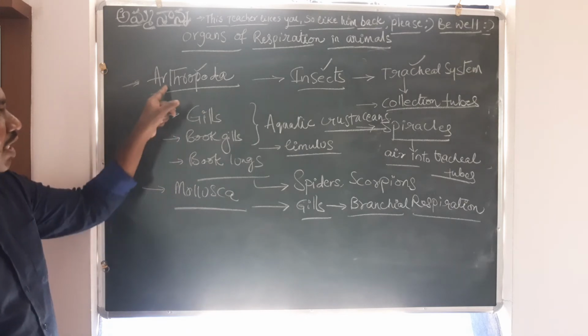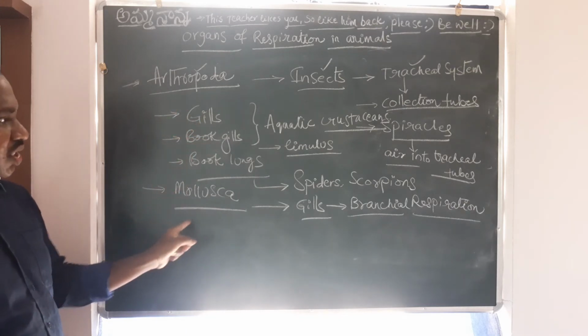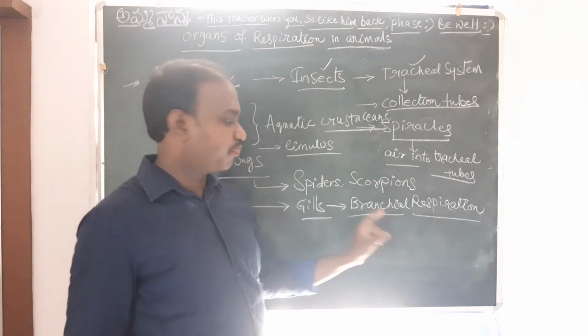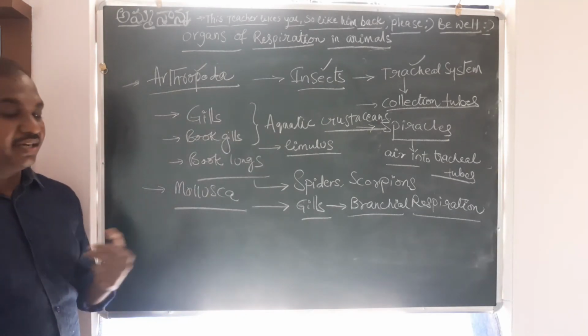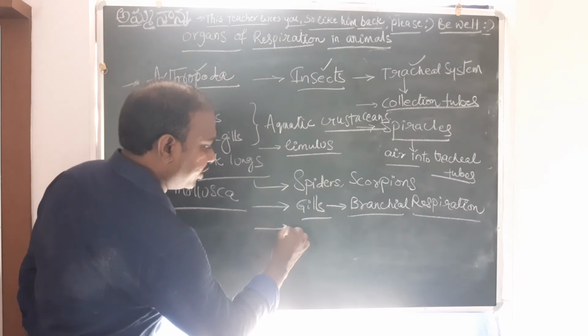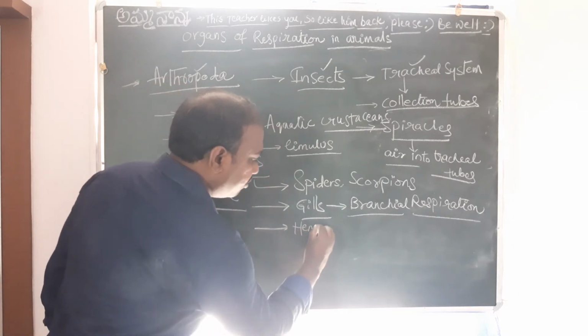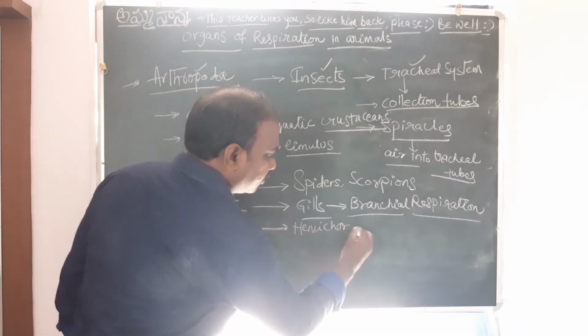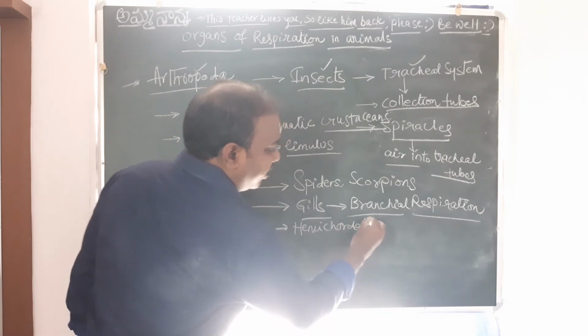In arthropoda, do we have gills? Yes. In mollusca, do we have gills? Yes. And what other animals do we have? In invertebrates, the hemichordates have gills.